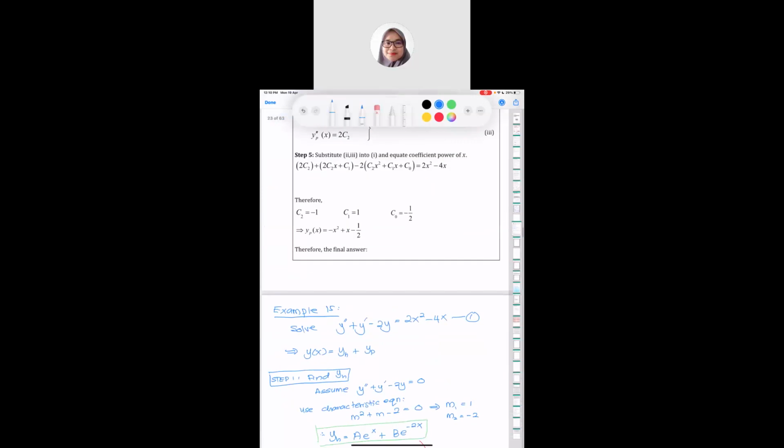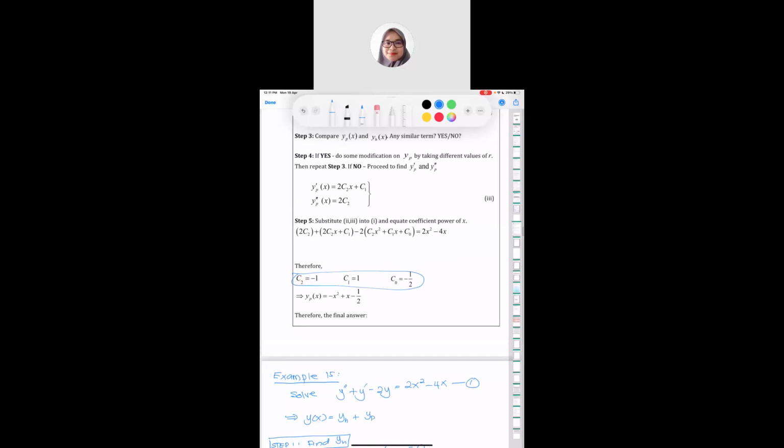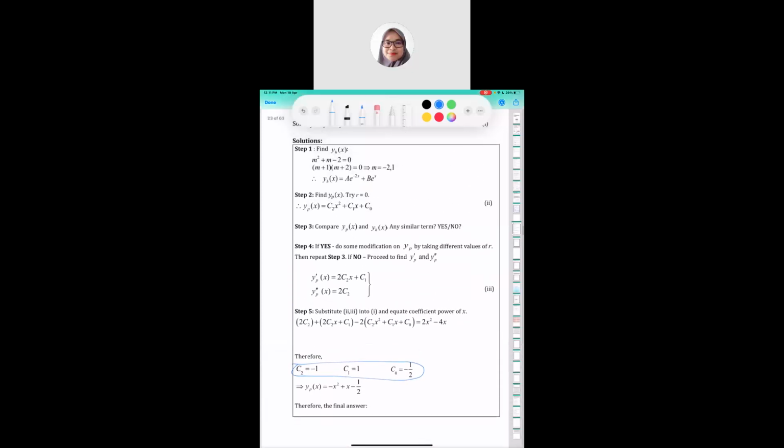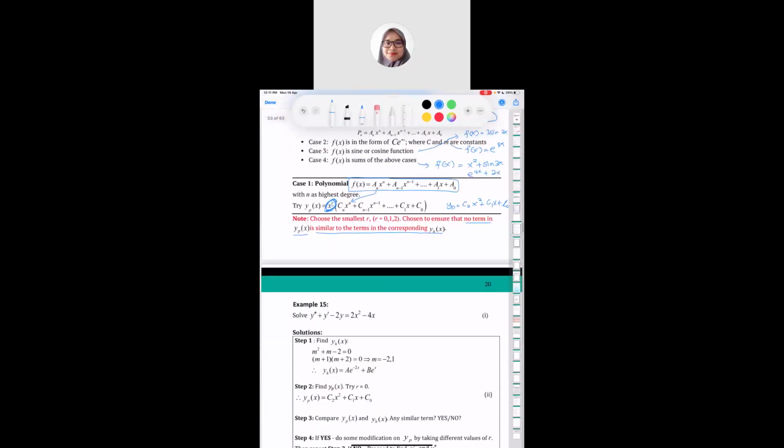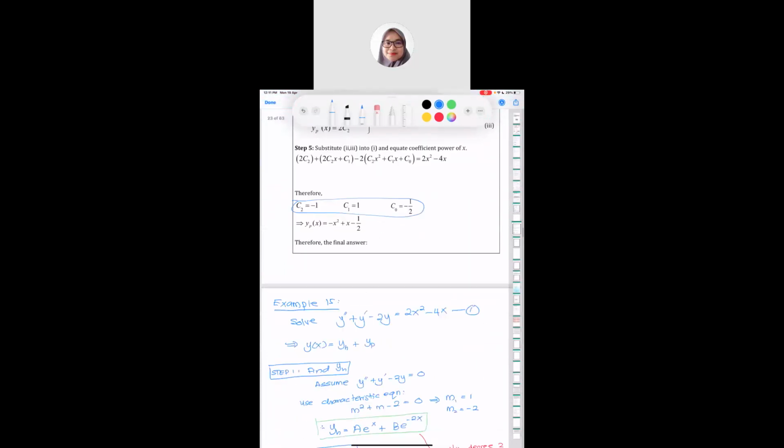Okay, once you ada coefficient ni, okay, so kita can conclude that YP equal to, masukkan balik dalam ni.